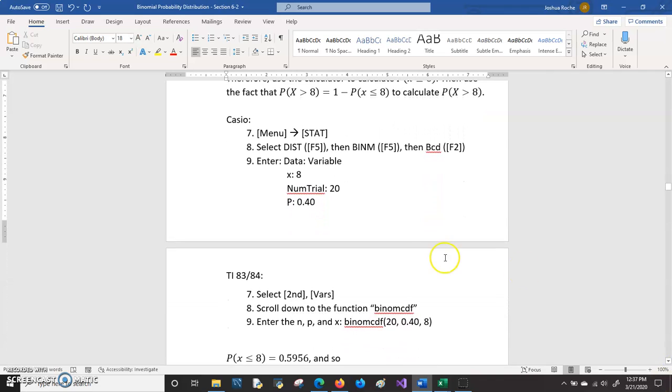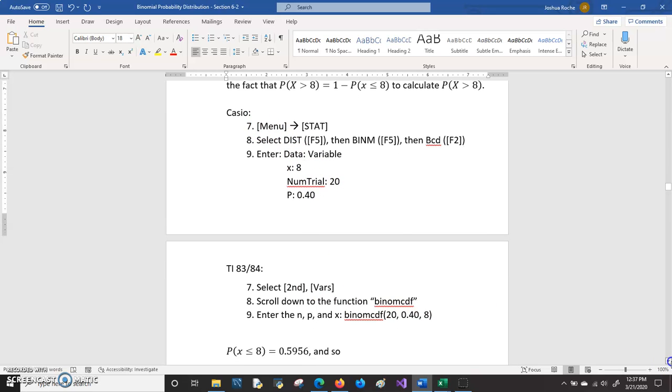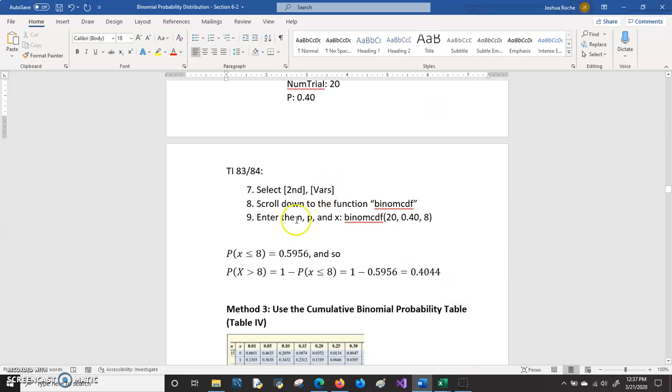So here again are the directions for the calculators, Casio and TI-84. When you do that, the probability that x is less than or equal to 8 comes out to 0.5956. So that means that the one that we want is going to be 1 minus 0.5956, which comes out to 0.4044.